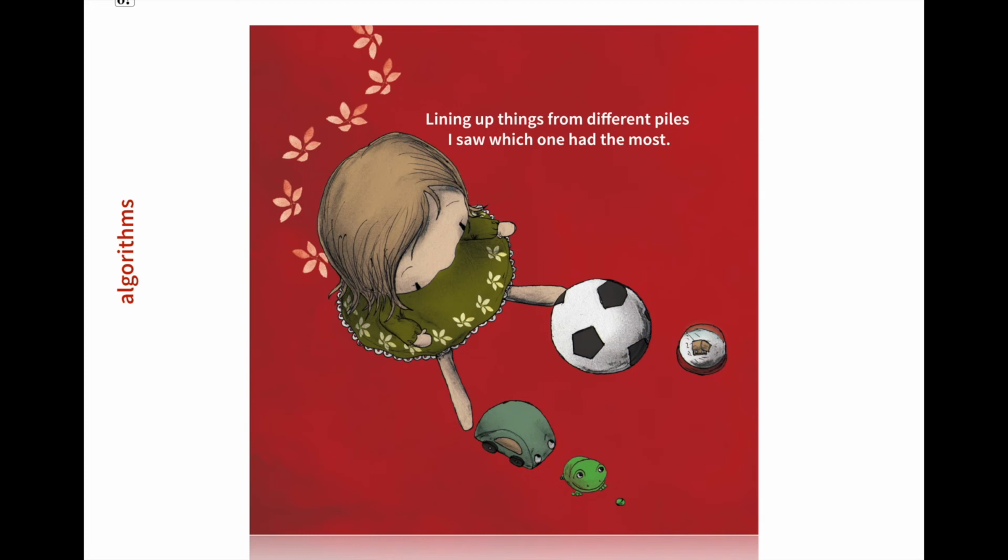And this will actually tell you which of the piles are larger, because that line will be longer. So you cannot find a corresponding thing in the other pile once it's empty. So this is an algorithm that produces a mapping between the things in the piles, so you can tell which one has the most things in them.